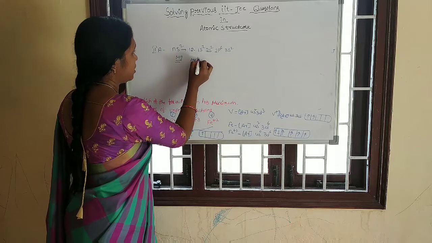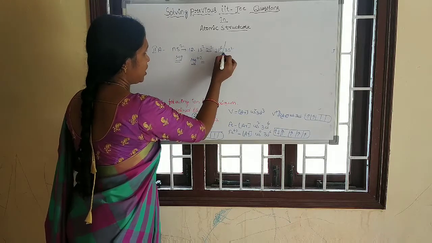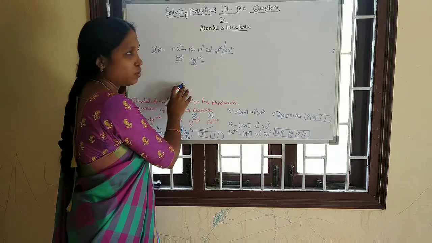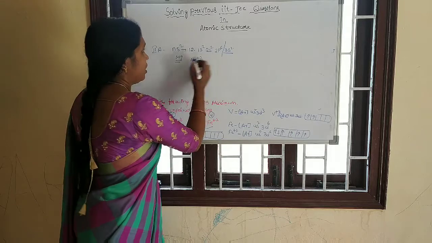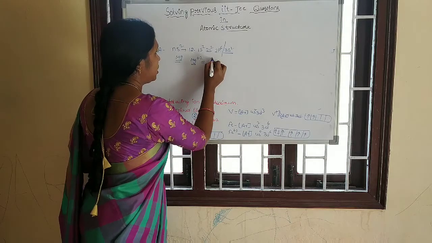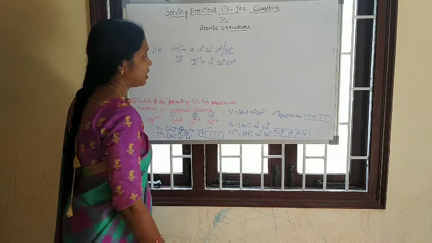Mg plus 2 means it carries 2 units of positive charge. Which one is the valence shell? 3s. So the electrons in the valence shell are lost, and it has the configuration 1s2, 2s2, 2p6.